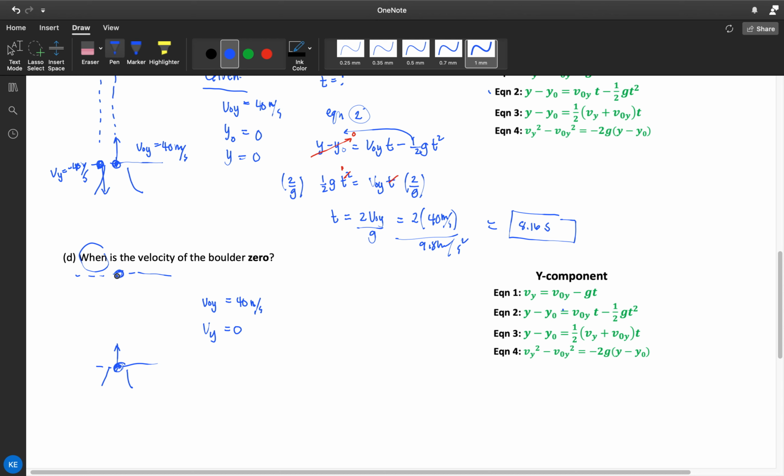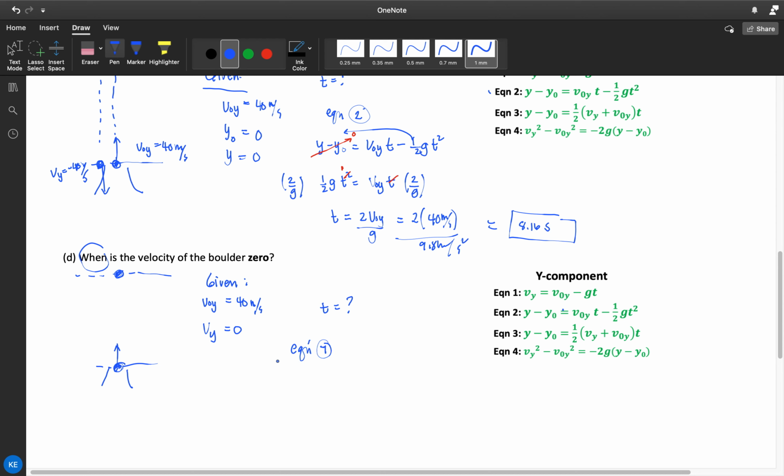Okay, at what time siya maabot at this point? So, here it's asking for time. So equation nga walay position, if you'll notice, that would be your equation 1.